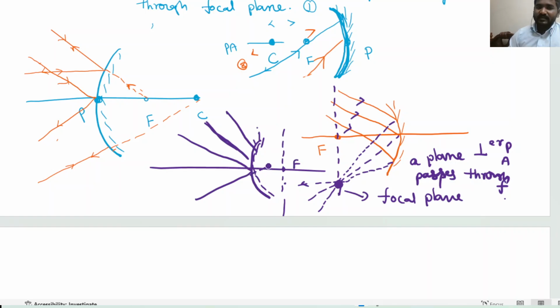Now you can extend this incident light ray, and the reflected light rays will intersect each other. Now all these light rays will be reflected through that point of projection like this. So now, extended in the backward direction, all reflected light rays appear to diverge from the focal plane point. Okay.